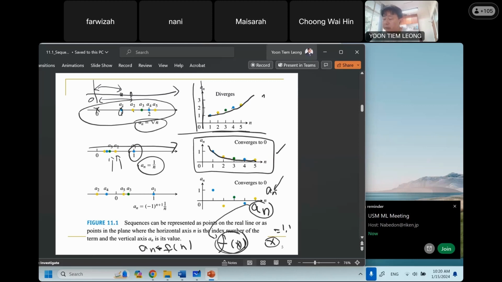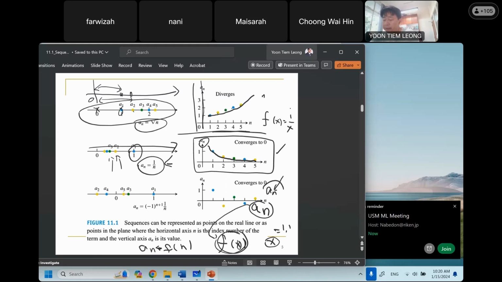So in this sense, you can roughly associate the sequence an equals 1 over n to the function f(x) equals 1 over x. Roughly, you would then realize that when n goes to infinity, the behavior of the sequence an will behave like the function f equals 1 over x. That is, when n goes to infinity, the sequence an will also go to 0.